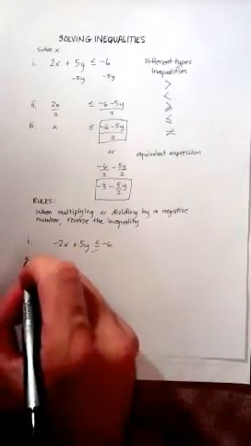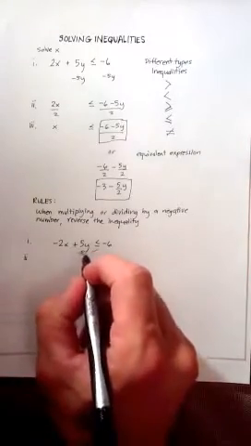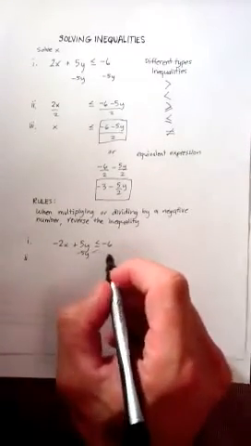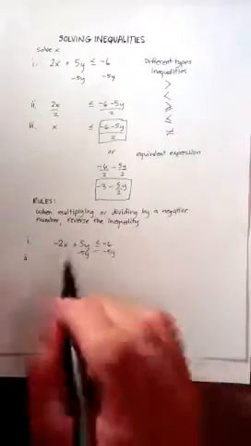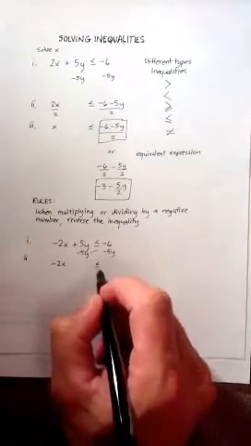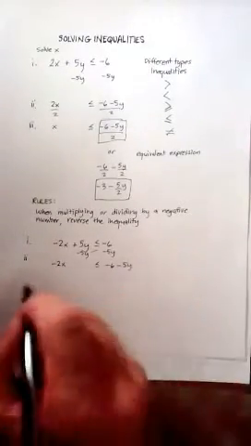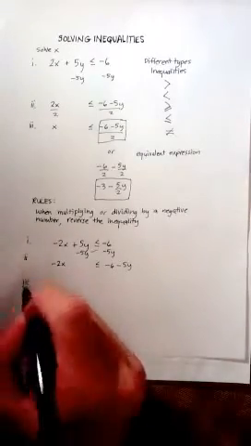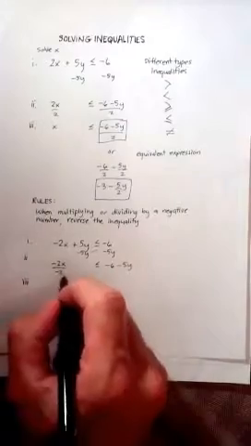Again, the first thing I'm going to do is subtract 5y from both sides. That does not change the direction of the sign, because the rule says multiplying or dividing only. So now I have negative 2x is less than or equal to negative 6 minus 5y. Now watch what happens. I'm going to divide both sides by negative 2.